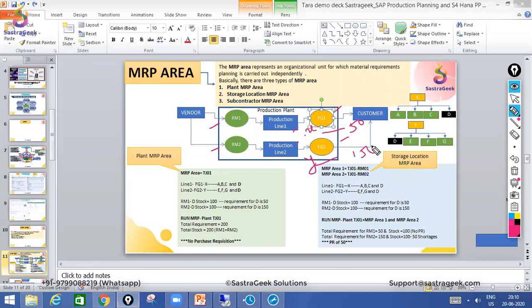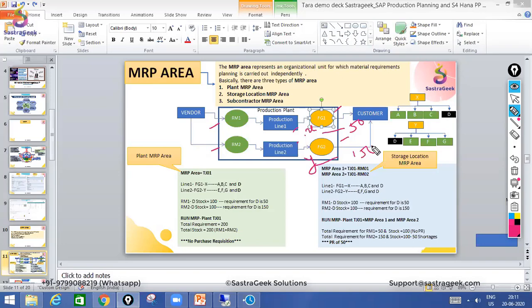Now just take an example. We don't have any stock for finished material. Then what will MRP do? MRP will create procurement proposals for the finished material. MRP will say, okay, for production line 1 we need one production order of 50 quantity, and for production line 2 we need a production order of Y material for 150 quantity. In the same way, the system will explode the BOM, go to the next level, and check whether my raw materials are available, right?